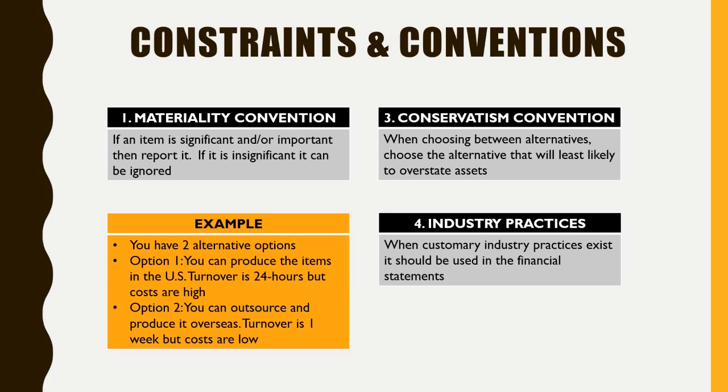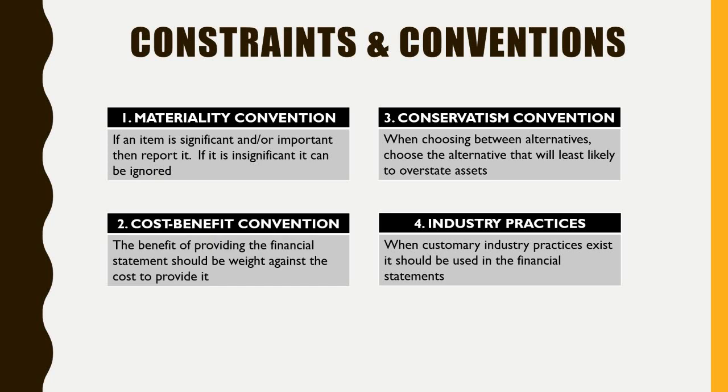Now again, cost, benefit, and conservatism, they kind of go hand in hand, right? The definition for this one is that out of the alternative options that you have, you would most likely choose the option that is least likely to overstate your assets.